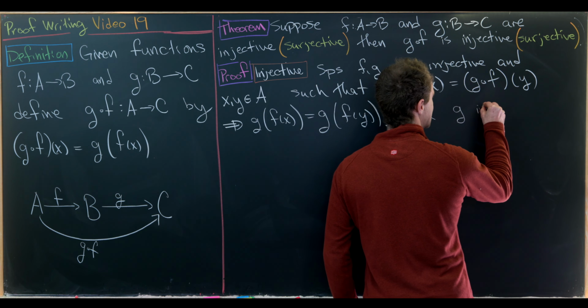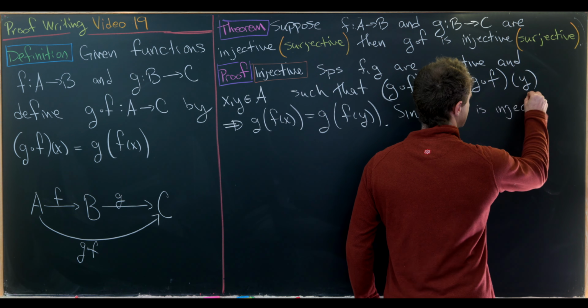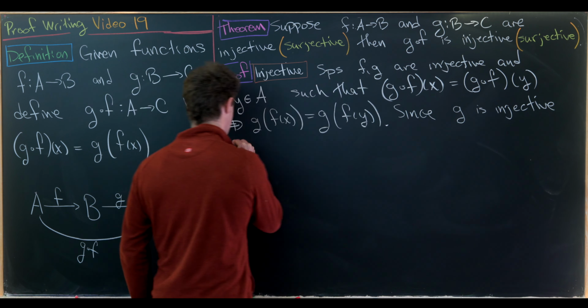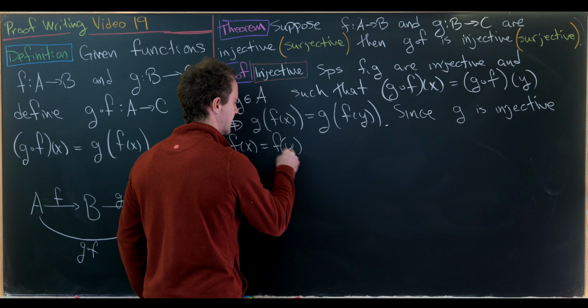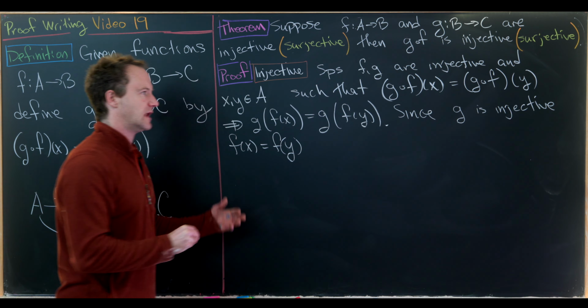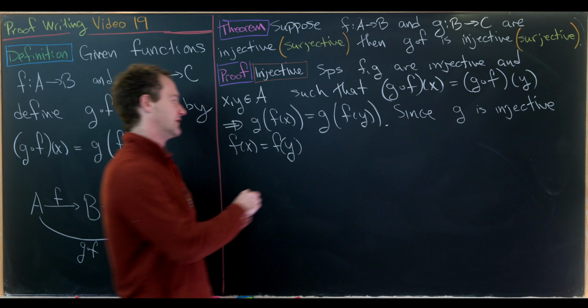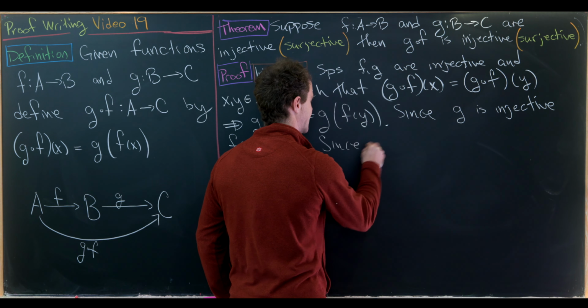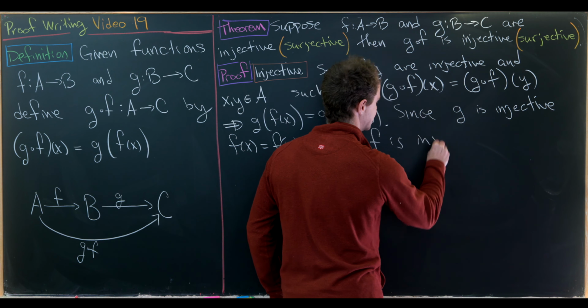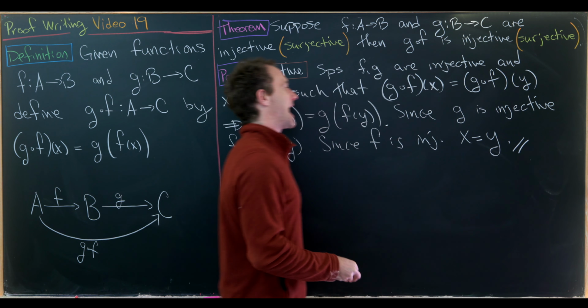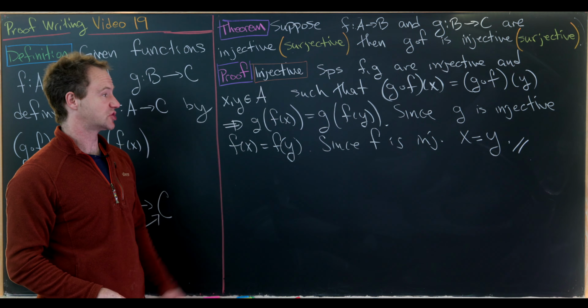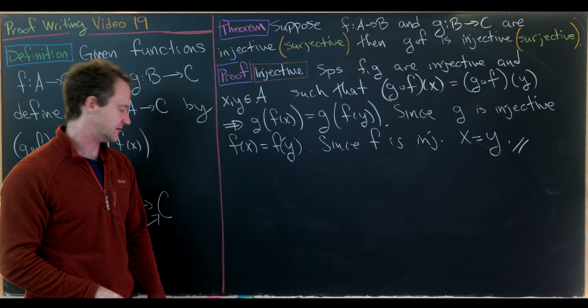So since g is injective, we have f of x equals f of y. Great. But now we'll just do the same thing with f. So now since f is injective, we have x equals y.